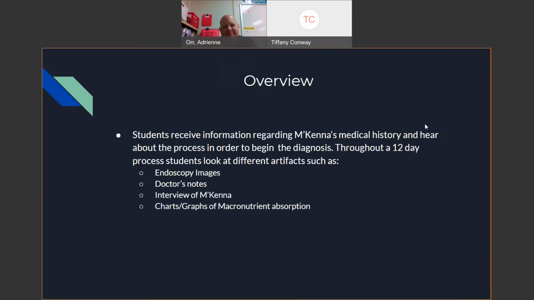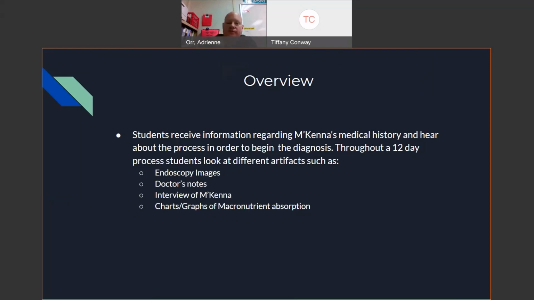Okay. So basically students receive information about this girl, McKenna. She's 13 years old. They actually have an audio of the girl speaking about her symptoms with an interviewer. And there's an audio transcript that the kids follow along with. And then they highlight all these different symptoms they're noticing her have. So they go through a 12-day process of looking at different artifacts.